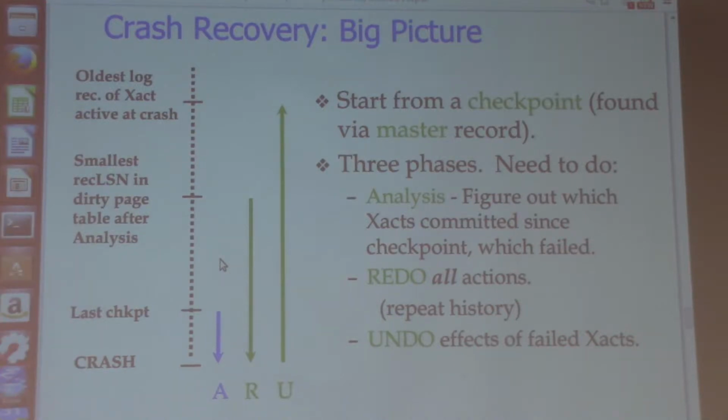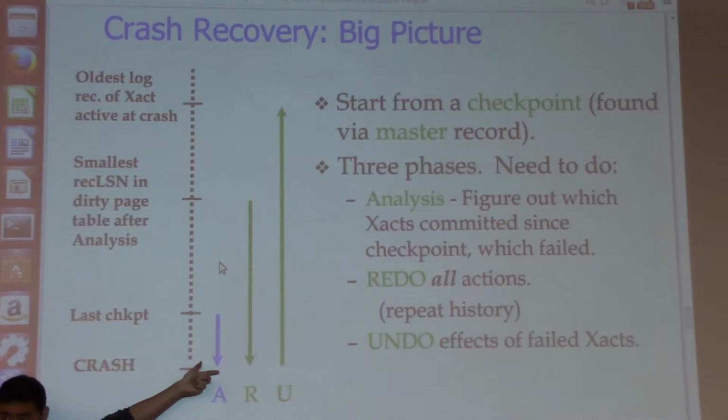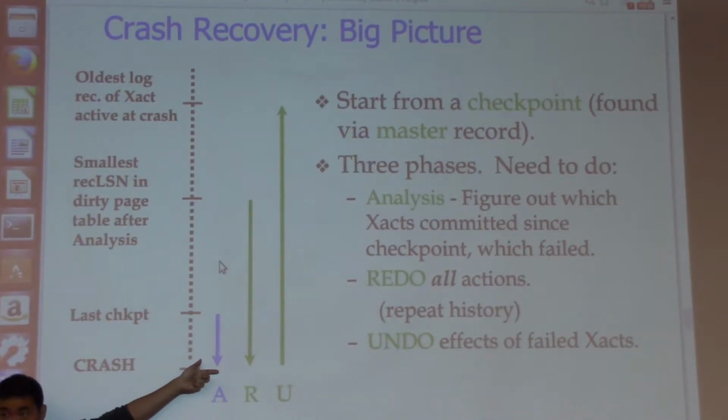But there's a subtle thing, which is what I'm going to say next is really important. The smallest recLSN you figure out from the recovered dirty page table is not going to be the same as the dirty page table at the time of crash. Do you guys realize this? Why?